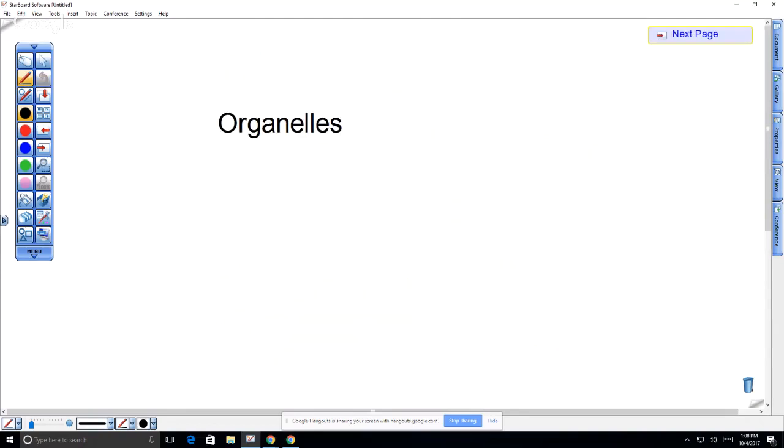Okay, so let's look at the organelles that are found in our body. One that's very interesting is called the mitochondria. The reason why it's very interesting is that it has its own DNA and can reproduce inside of your cells.